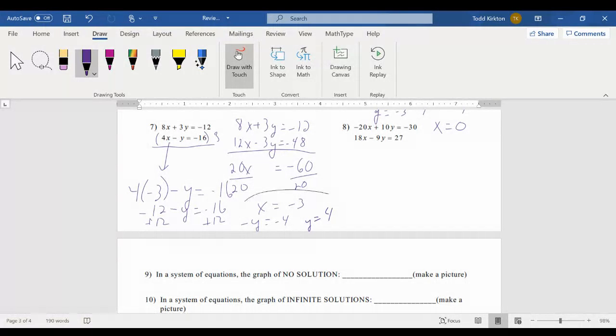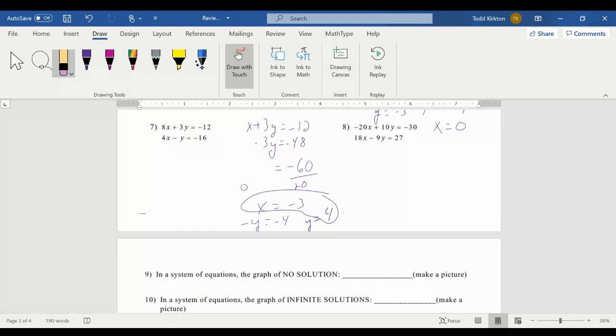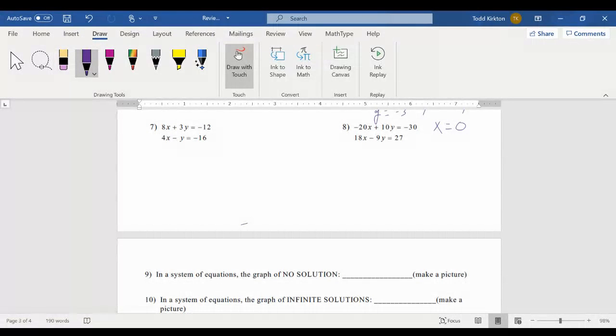So (-3, 4). Now the other way you could have found the second value, if you're good at elimination, you can just do elimination twice for that one. And say I'm going to multiply this second equation, instead of by 3, I'm going to multiply it by -2, sorry. That'll make that a -8.